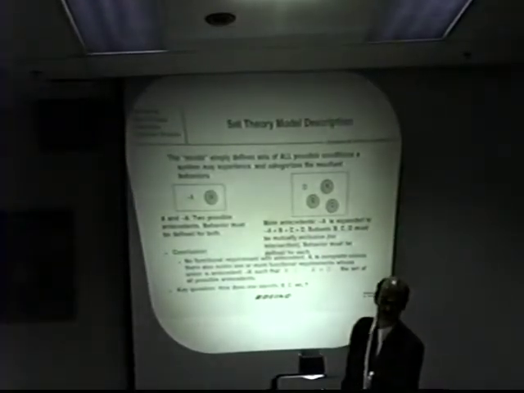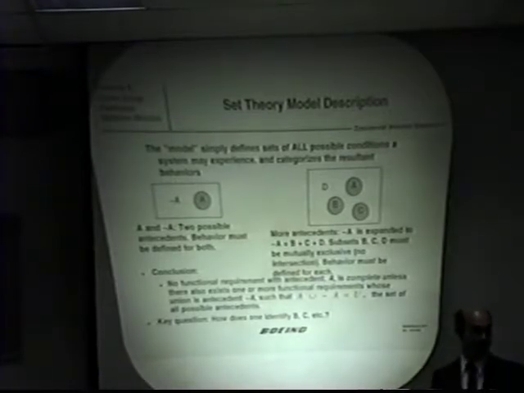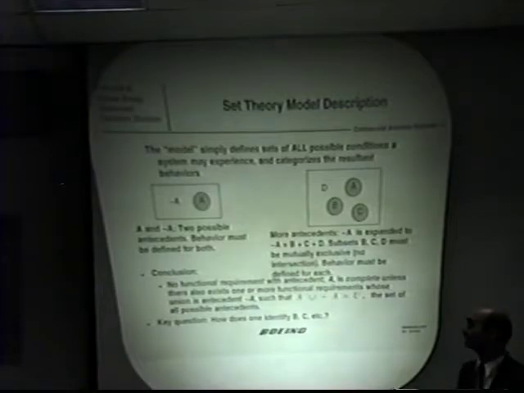To summarize last week's paper, we developed a set theory model that basically said if I can define all possible conditions and write a behavior for each of those conditions, I've completely defined the system behavior.